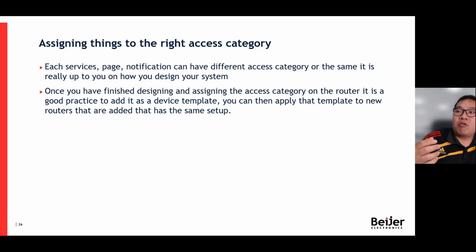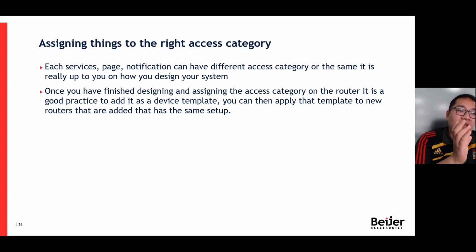What we have actually gone through is the steps in assigning on one particular router, setting up the different pages or the different services to specific access categories. So each service and page can have a different access category or can have the same.